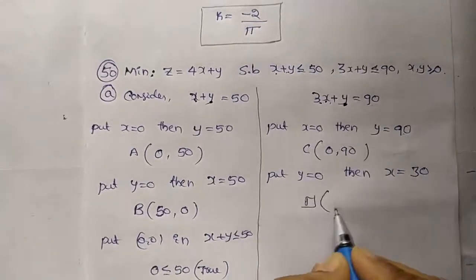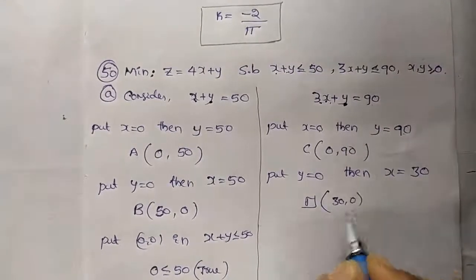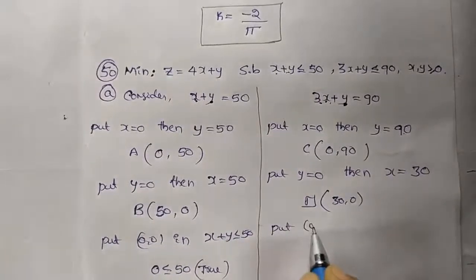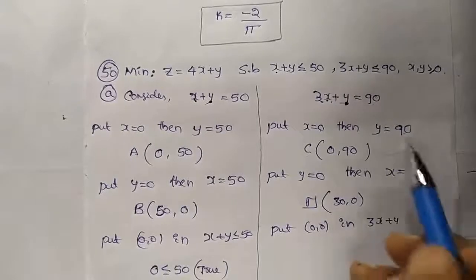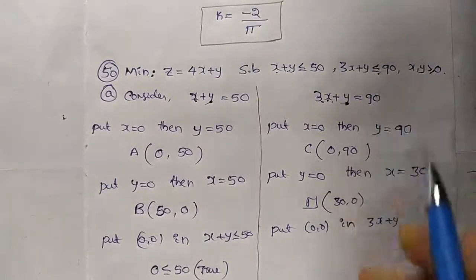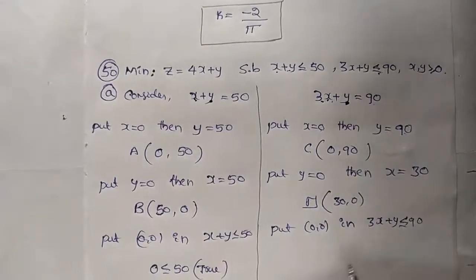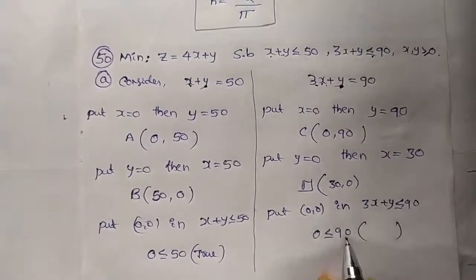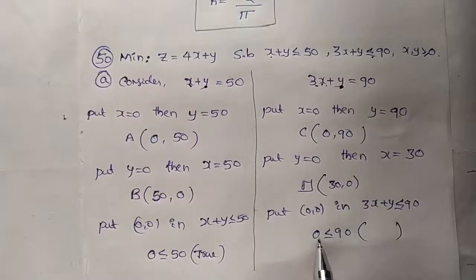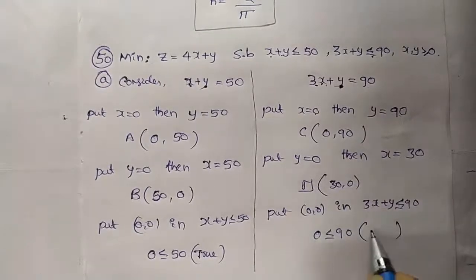Therefore the point D is 30 comma 0. Next step, put 0 comma 0 in the given constraint 3x plus y less than or equal to 90. So 0 is less than or equal to 90. 90 is bigger than 0. Yes, it is true.